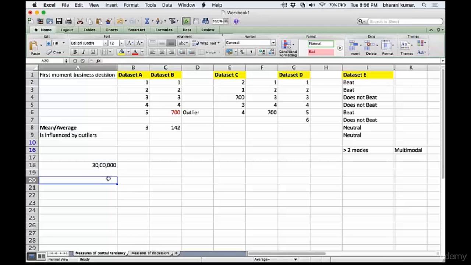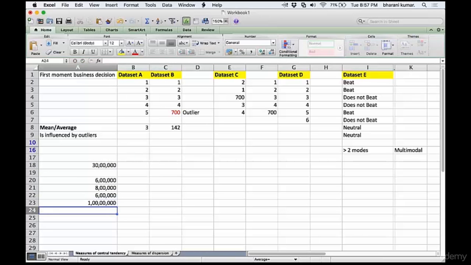You'd be tempted and you'll say, okay, let me join this. But in reality, there might be students who get 6 lakhs per annum, students who get 8 lakhs per annum, another student who might get 6 lakhs per annum, and there might be one student who might be getting 1 crore per annum.